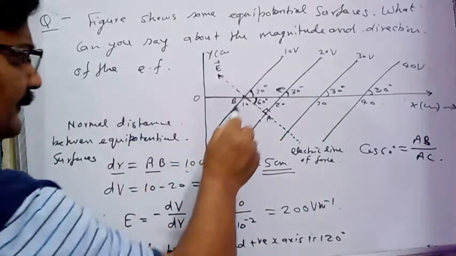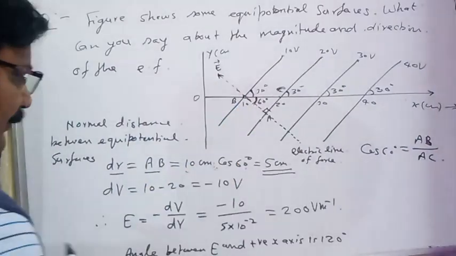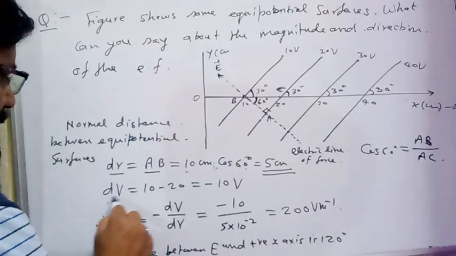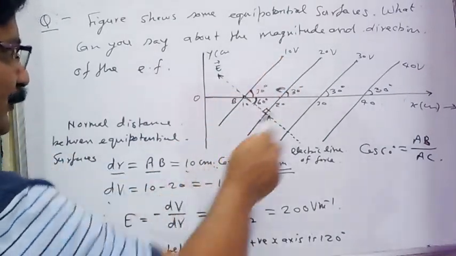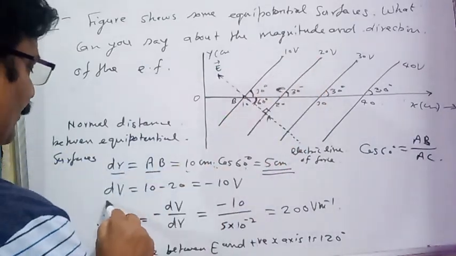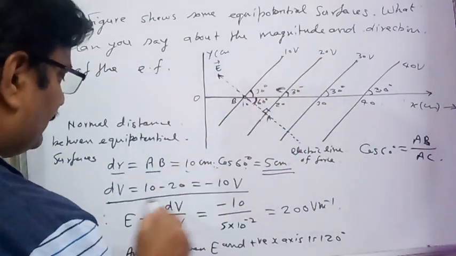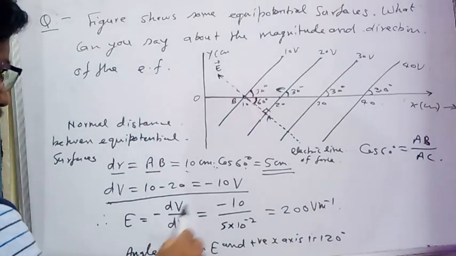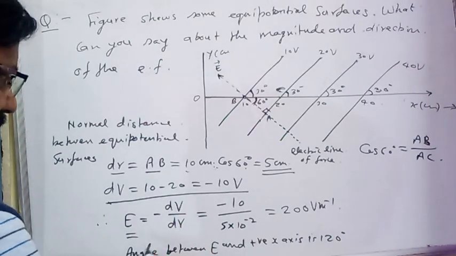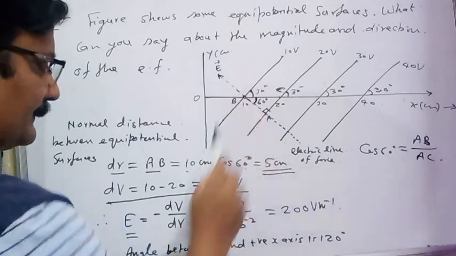Now what is potential difference between two equipotential surfaces? dV is equal to potential of the second surface, 20 volt, minus potential of the first surface, 10 volt, and potential difference is 10 volt. And by the relation between electric field and potential gradient, as we know, E is equal to minus dV by dr. So what can be the value of E, that is magnitude of the electric field in the region?